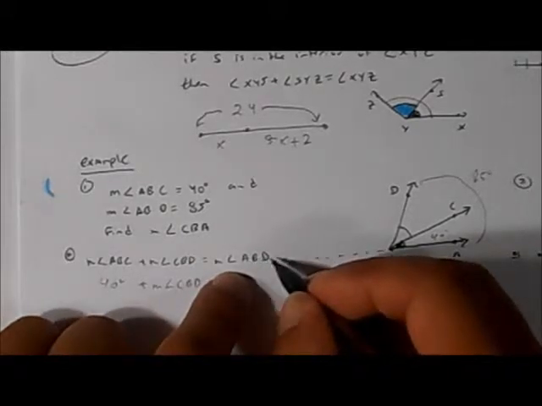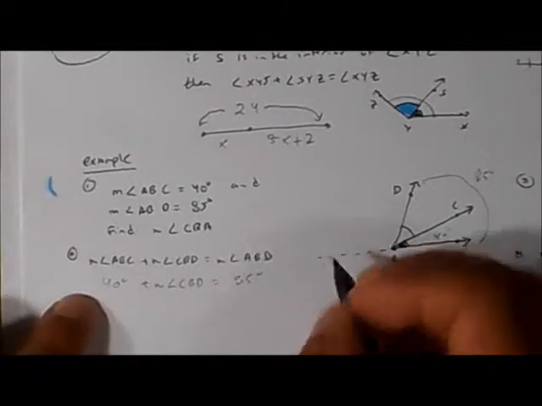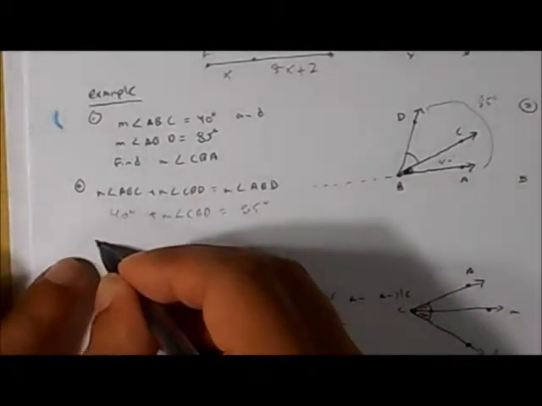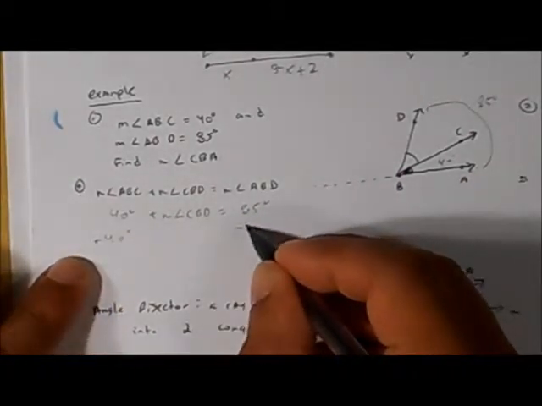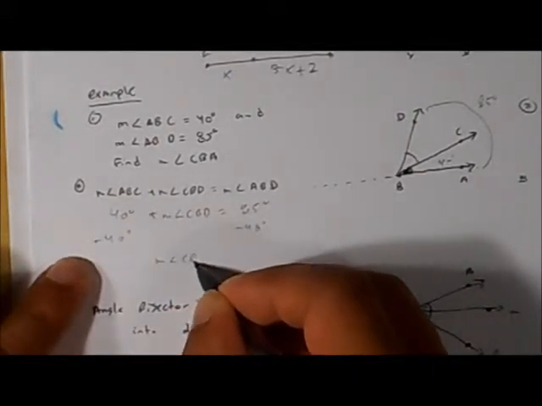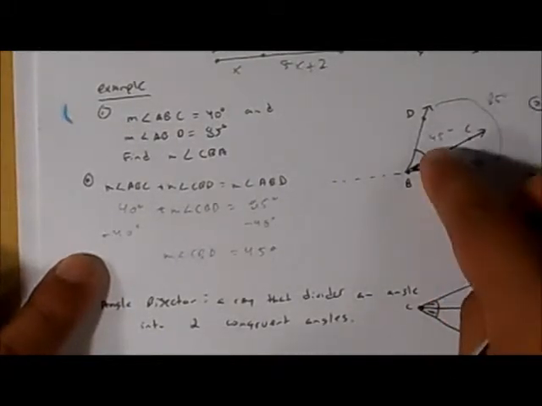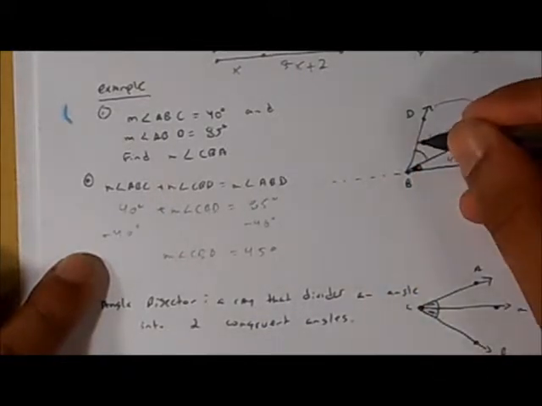The measure of angle ABD was 85 degrees. So let's subtract 40 degrees. So the measure of angle CBD is equal to 45 degrees. And that'll be it for this one. 45 plus 40 equals 85. The 85 represents the whole bigger angle that's created here.